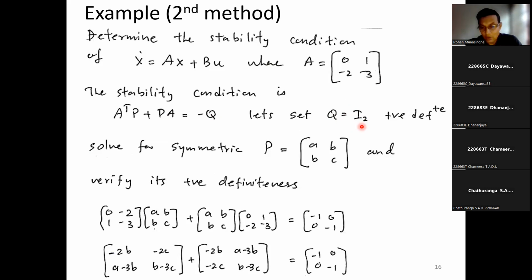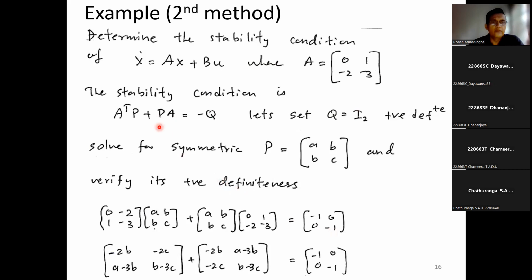Not the negative identity, but the positive identity matrix. But with this negative sign in front, it eventually becomes negative. So what's on the right-hand side is an identity matrix with a negative sign along the diagonal.